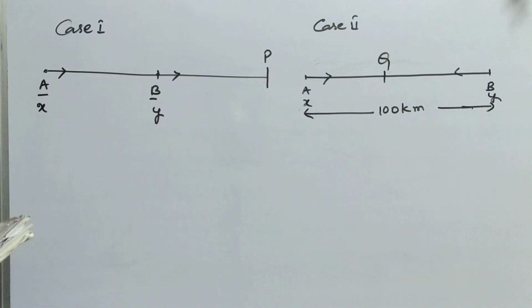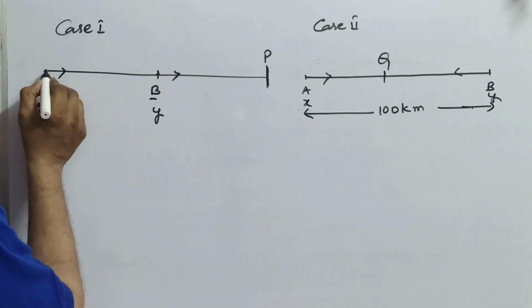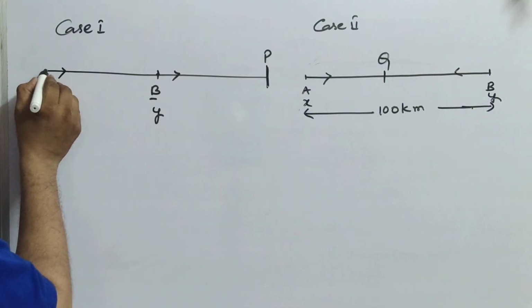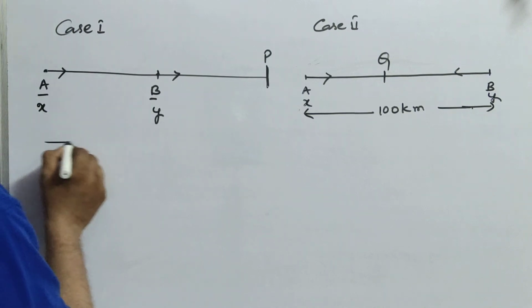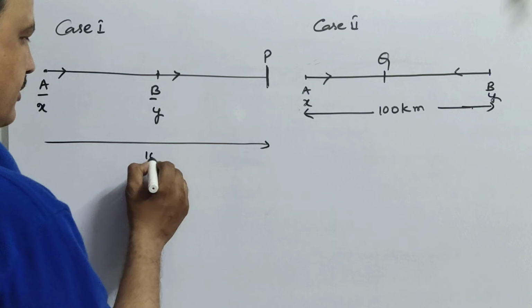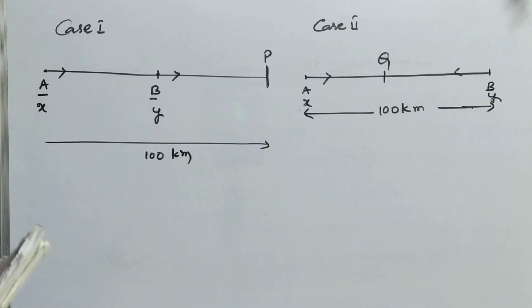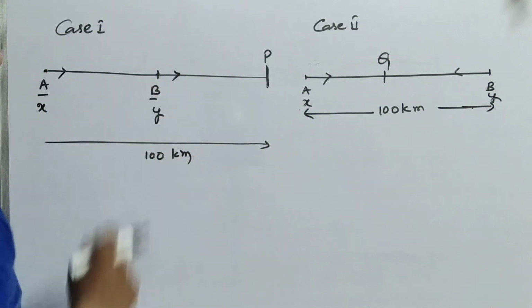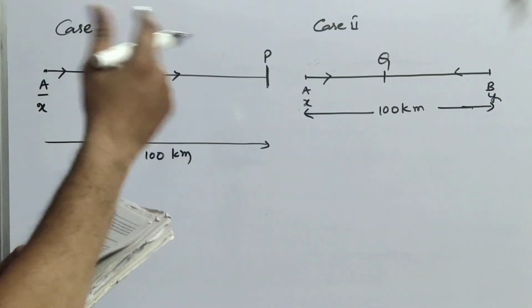Here he has given the total distance is 100 kilometers. This is one destination point. That means car A started from here, and he has to reach 100 kilometers. Whereas car B starts from another point.